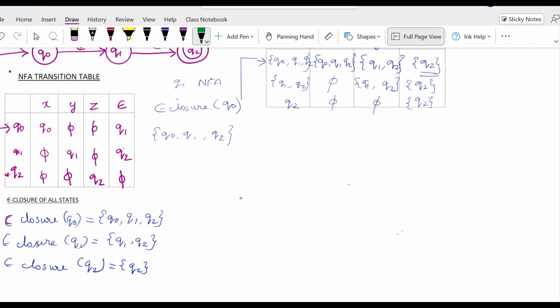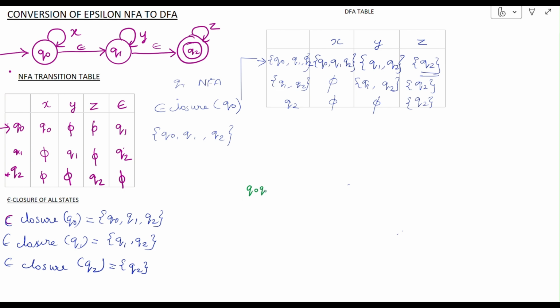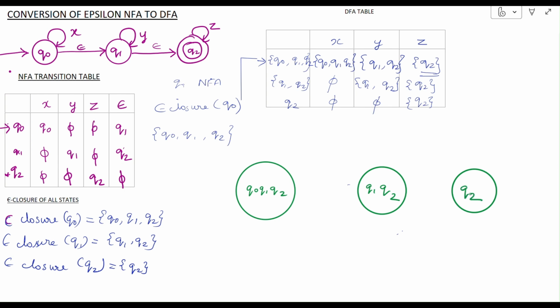One is Q0, Q1, Q2. You can replace it with a single name also. Then Q1, Q2, and then Q2. As Q2 is in all the states, all of them are going to be final states also. You can have more than one final state.